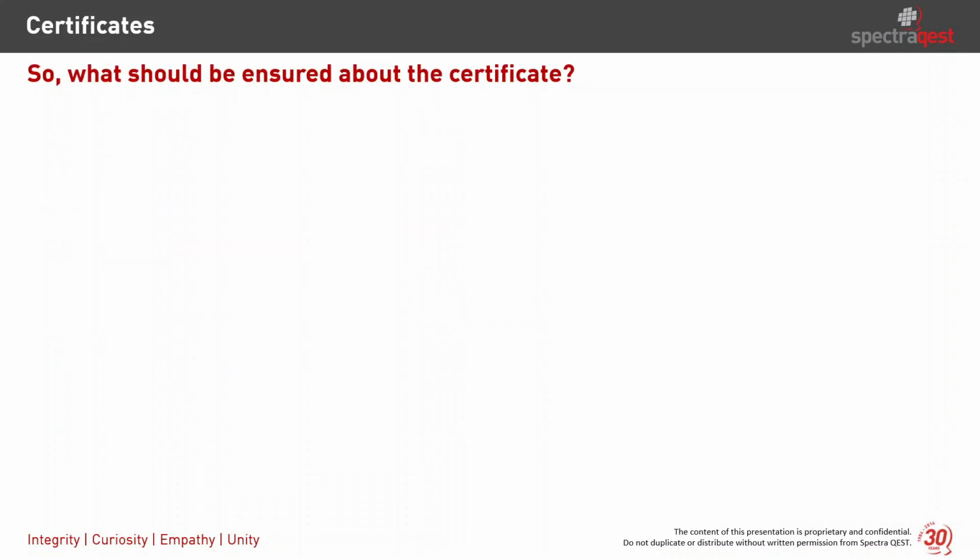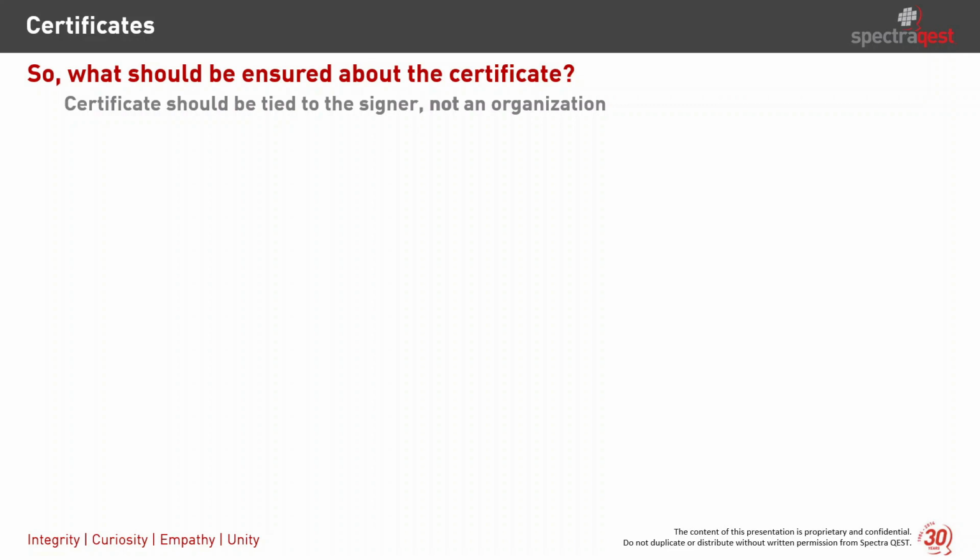So what should be ensured about your certificate to be able to give us this confidence? Now, in the process of signing reports as a professional engineer, because the signature must be unique to the person using it and under their sole control, we really do want a certificate tied to an individual, not an organization, not a department.